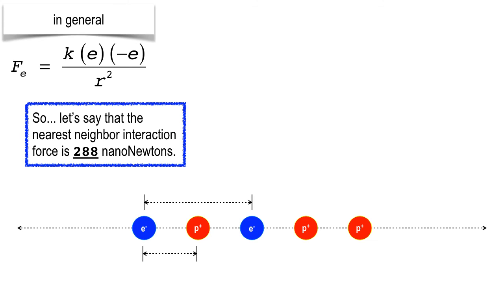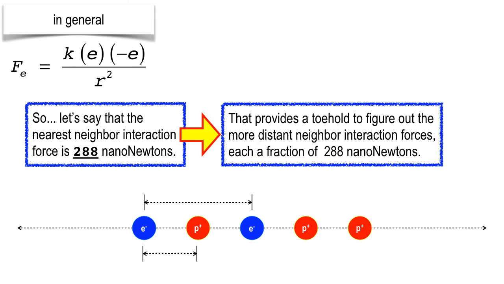So we got plus or minus 288, but the one that we're focusing on is the electron. So first of all, we have that 288 nanonewton interaction. Now that is our toehold. If we can get that, we can get everything else, if they're equally spaced, or if we know the distance ratios.